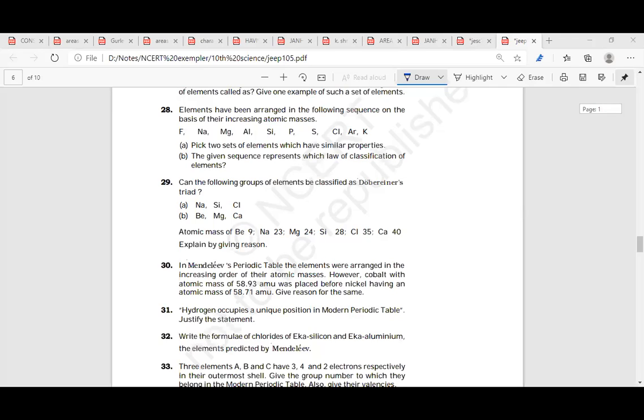Silicon. And for Eka silicon, is it XCl2, ma'am? No. Is it XCl4? XCl4, right. And YCl3. YCl3.